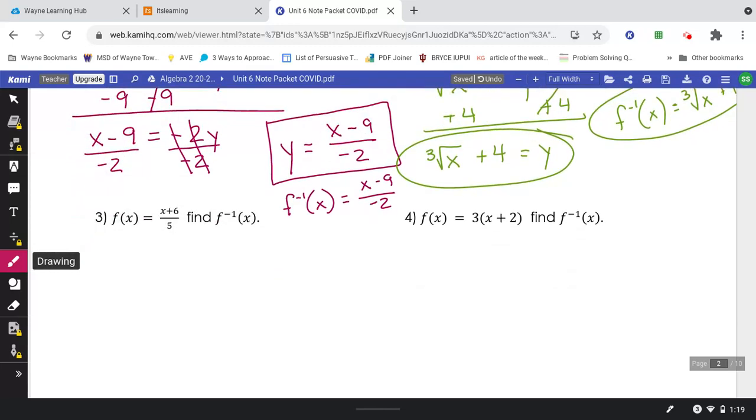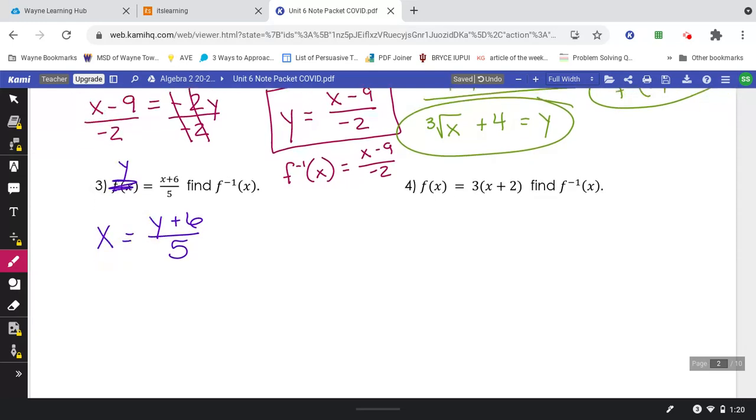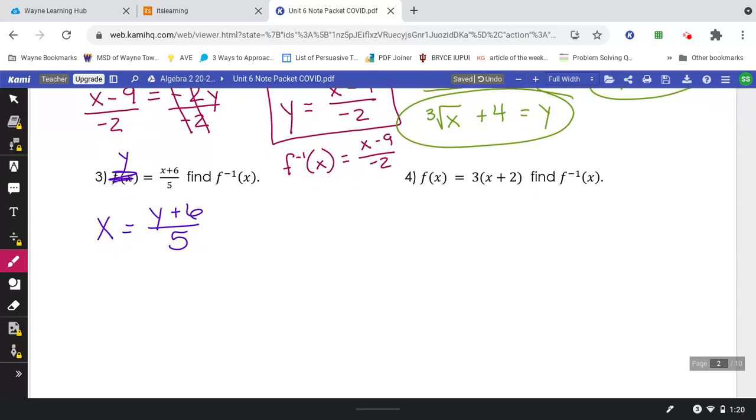All right, example number 3, we'll start by changing the f of x to a y and switch the x and y. We need to get rid of the 5. The 5 right now is being divided, so we're going to multiply both sides by 5. 5x equals y plus 6.